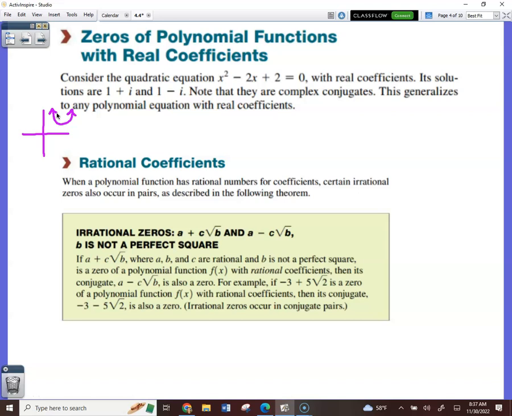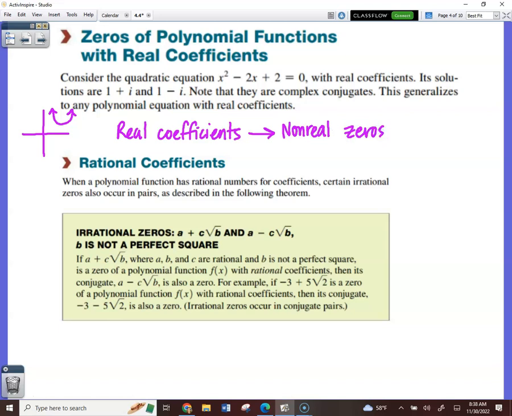There's imaginary solutions. However, if you look at it, all of the numbers were real, right? It says with real coefficients. But when you go to solve it, because it's opening up and it's up above the x-axis, there's no real solutions. So the idea here is that real coefficients in a polynomial can produce non-real zeros, which you already know this.